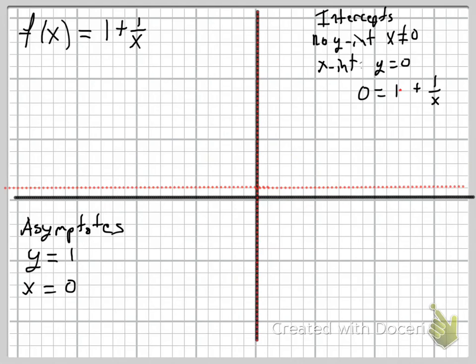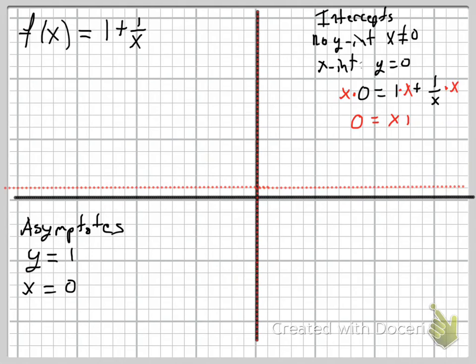Okay, so we're going to remember f of x is the same thing as y, so we're going to replace the f of x with the 0, and we're going to solve the equation for x. So I've got an x in the denominator, so we're going to fraction bust, and multiply everybody by x. On the left-hand side, x times 0 will be 0. 1 times x will be x.